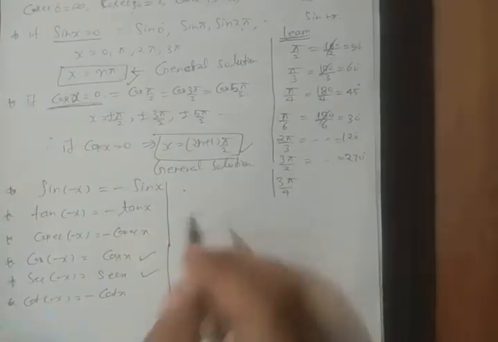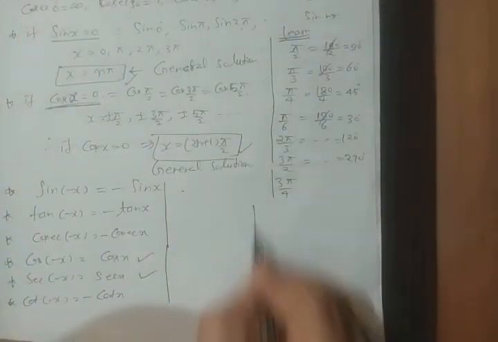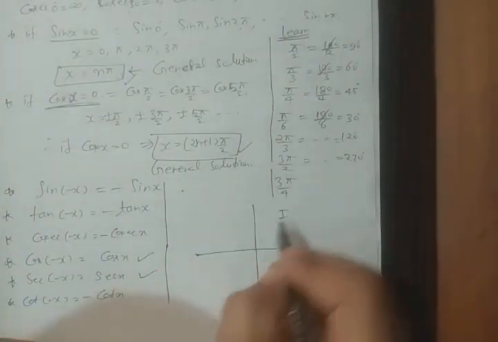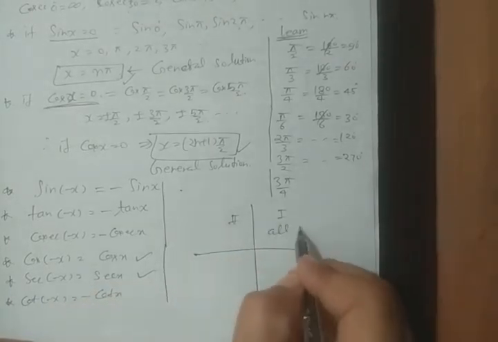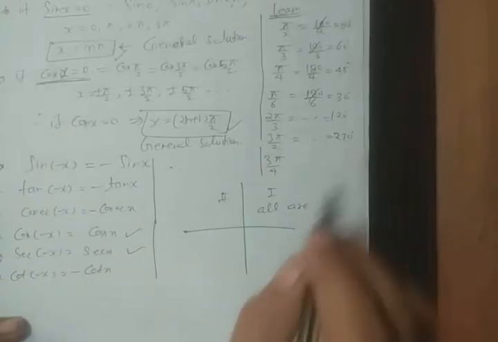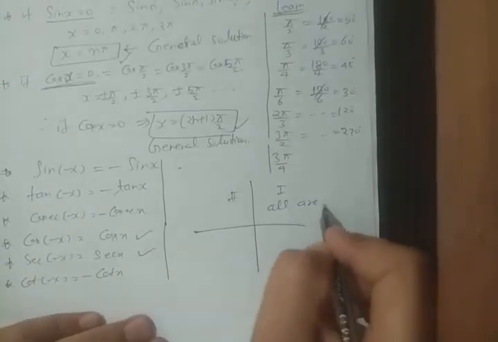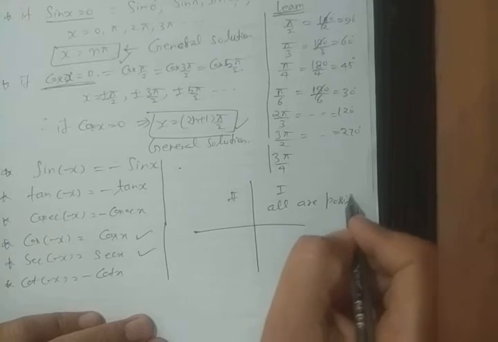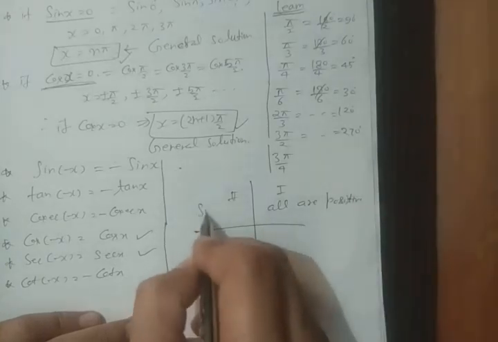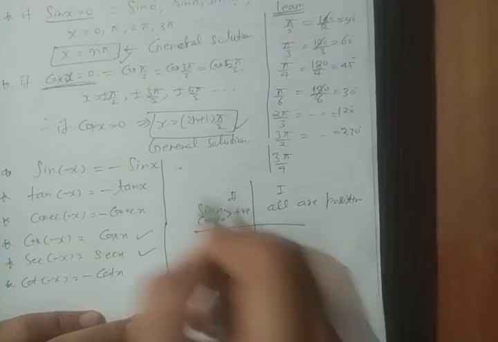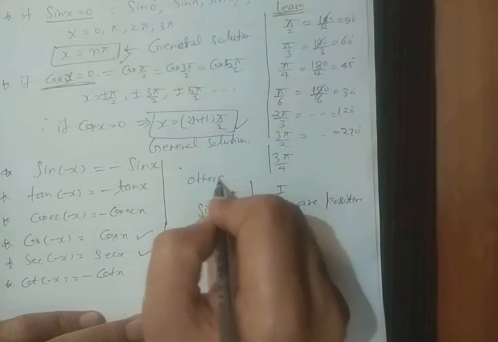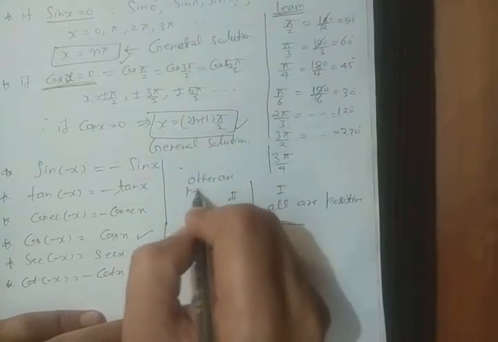Next, the sign of trigonometric functions in quadrants. In first quadrant, all functions are positive. In second quadrant, sin x and cosec x are positive, others are negative.